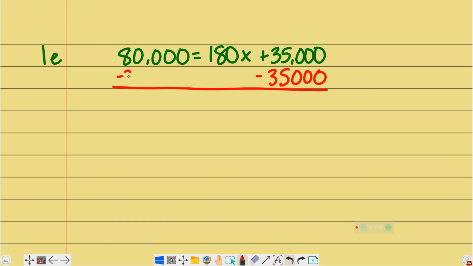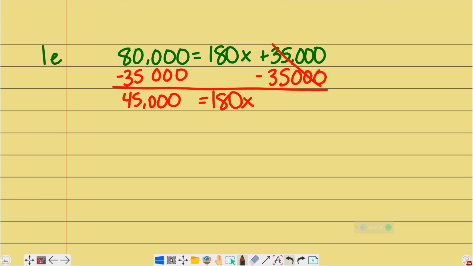And we have to do the same thing on both sides. 35,000 minus 35,000 makes 0. We are left with 180x on the right side of the equal sign and 45,000 on the left.